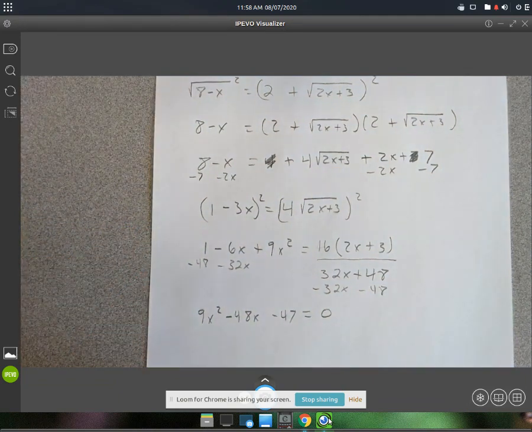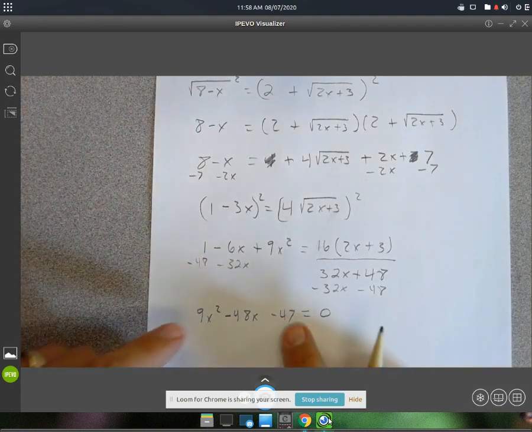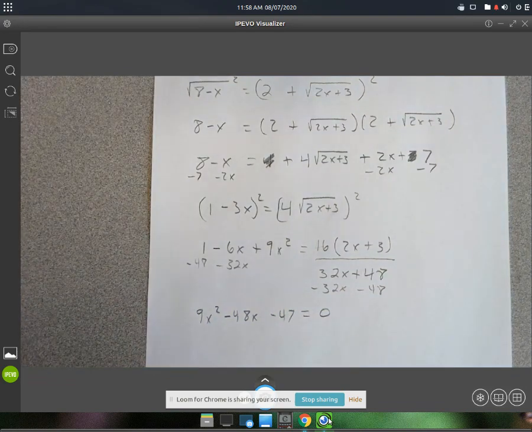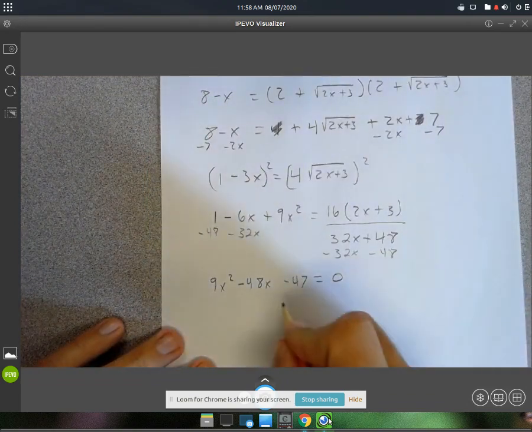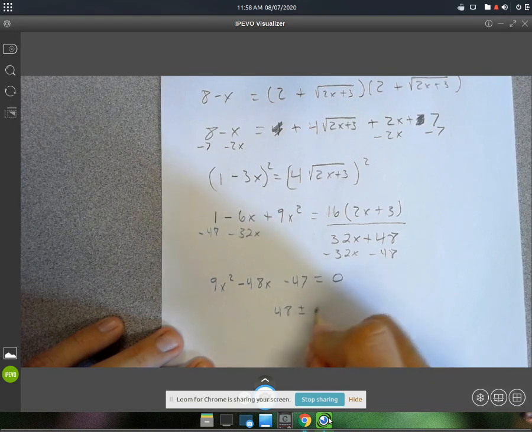All right, so I can't divide by anything. I am not about to do 9 times 47 and look at those factors. Although 47 is prime, but I think I'm just going to go with the quadratic formula here. All right, so we have negative b, which is 48. Negative b plus or minus square root of 48 squared.